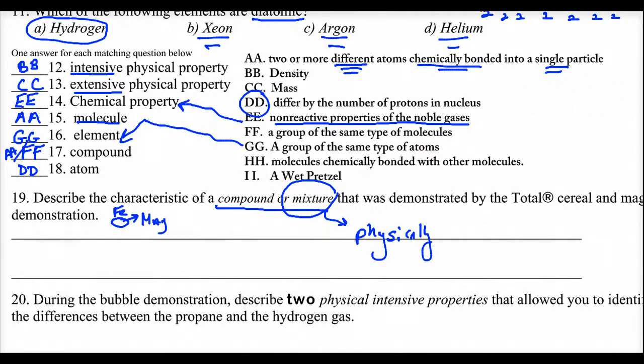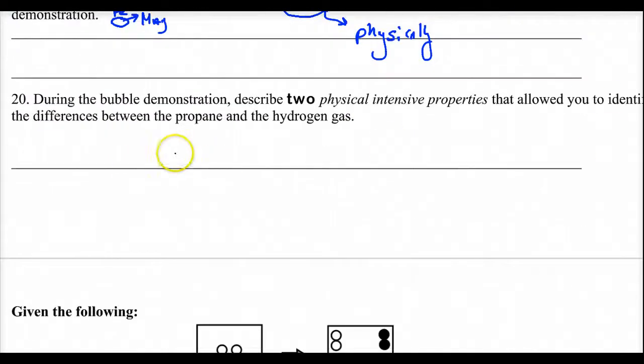Okay, and number 20, the bubble demonstration. Remember, I had propane bubbles that sank to the ground, and I had hydrogen bubbles that went to the top. You could identify which bubble was which by looking at which one rose, which would be the H2, and which one fell, which was the propane.